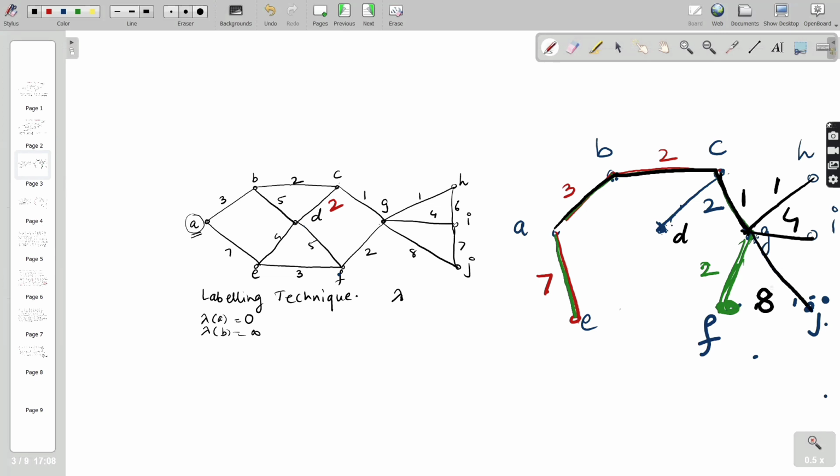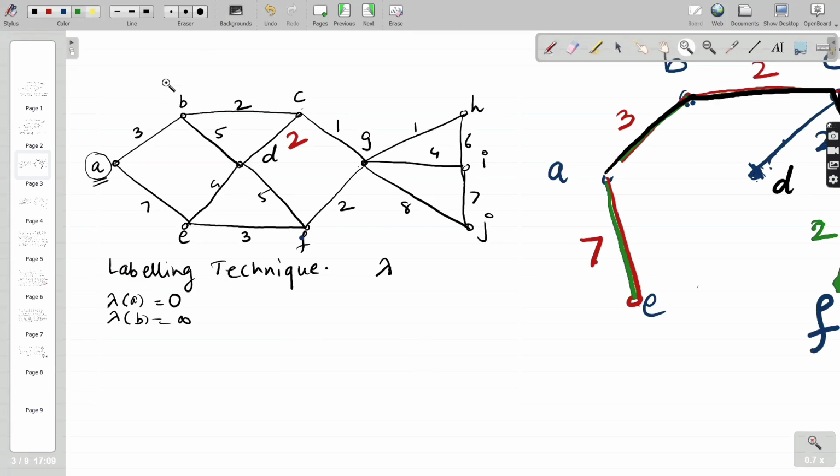Okay. So this is our graph. I will show it using the red lines in the original graph. See, this is our A to B, this is the shortest path. Then A to C, this is the shortest path of 5 distance. Then A to E, this is the shortest path.